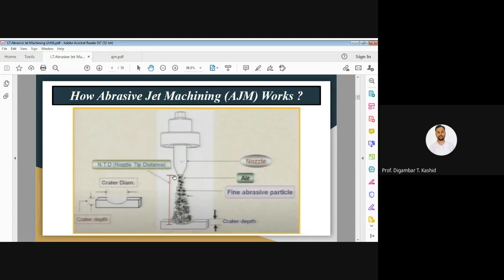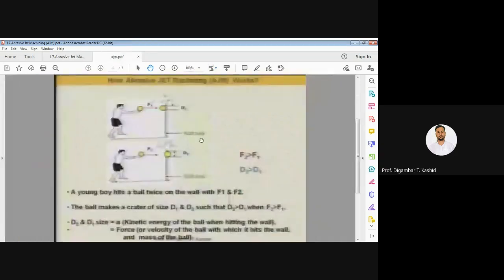How much material will be removed will depend upon the velocity and the kinetic energy with which they hit the workpiece surface. So I have explained the basic working principle behind abrasive machining with the help of this example.